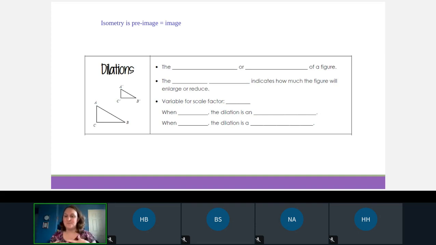They're the same shape. So today we're going to talk about a dilation. Dilations are not isometries. So that means that our pre-image and our image are not going to be congruent. You can even see the picture there, right? I've got triangle ABC and then triangle A prime, B prime, C prime, and it's smaller. It's not the same size.